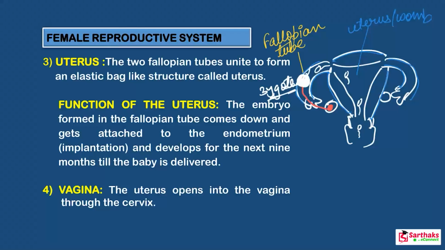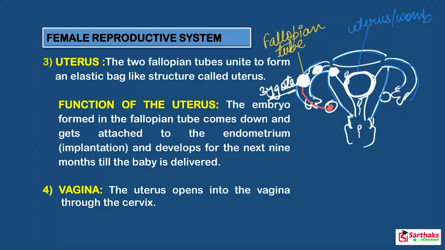After the zygote forms, this single-cell structure starts moving and goes into the uterus. Inside the uterus, its development starts. That is, this fertilized ovum develops into a baby inside the uterus.